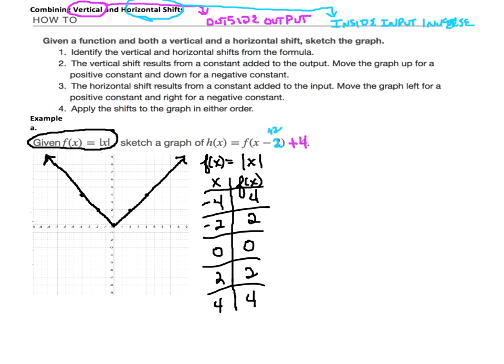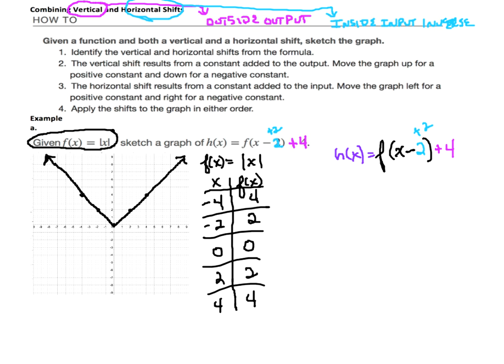Now, for my new function, I have h of x is equal to my toolbox function f of x minus, and I'm shifting 2 in the horizontal direction and 4 in the vertical direction, so up 4.